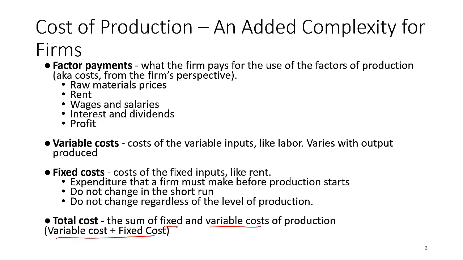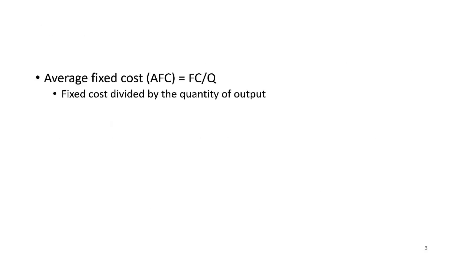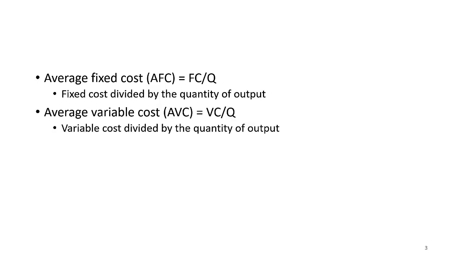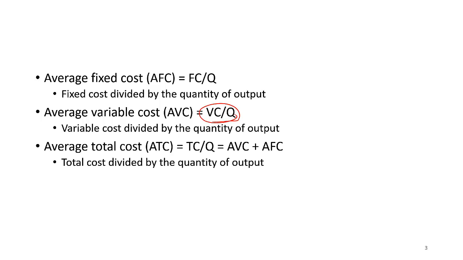Let's keep on defining a few more things. We'll define average fixed cost. Basically, you take the total fixed cost and divide it by quantity of output. You get the average fixed cost. We'll define average variable cost as variable cost divided by output. We'll define average total cost as nothing but total cost divided by output, which is nothing but the summation of the average variable cost plus average fixed cost.